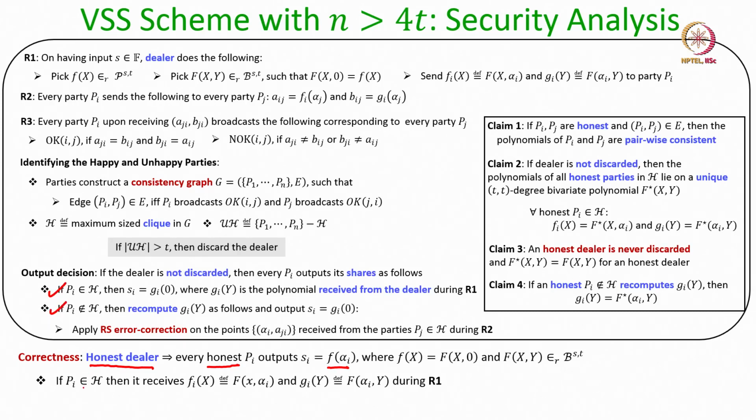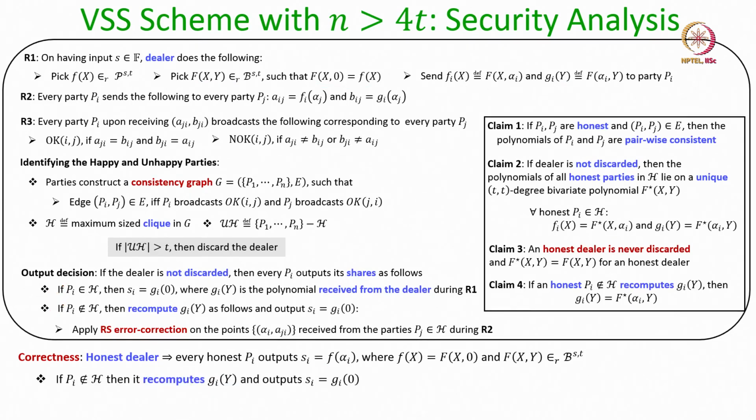If the party Pi is a part of the happy set, then its share is the constant term of the column polynomial which that party would have received from the dealer during round 1. And because of the way the dealer would have embedded the sum sharing polynomial in the bivariate polynomial, it follows that the constant term of the column polynomial gi(y) is nothing but the value of the sum sharing polynomial at x equal to alpha i.